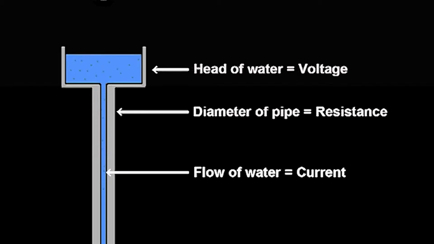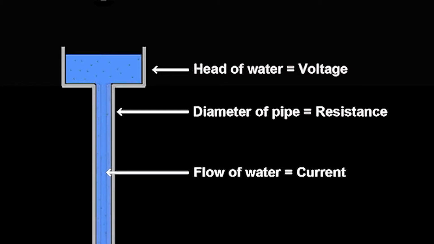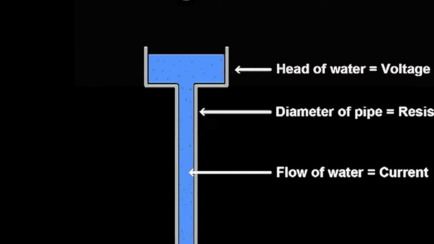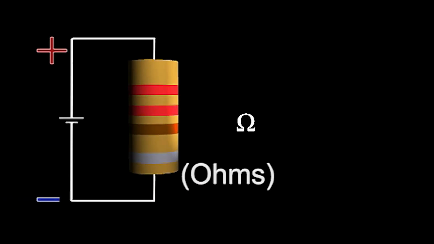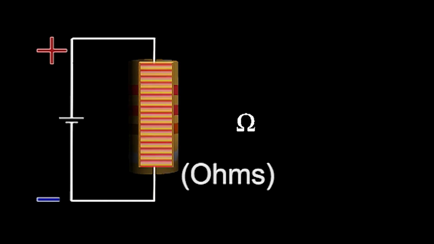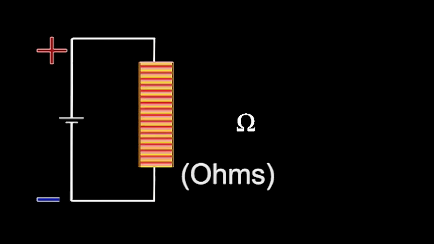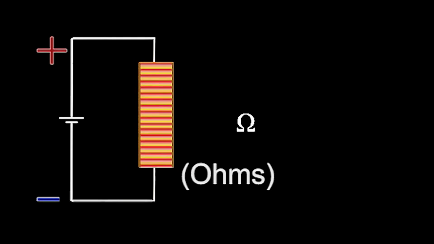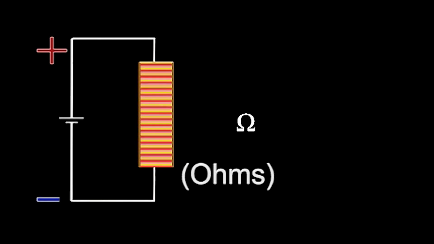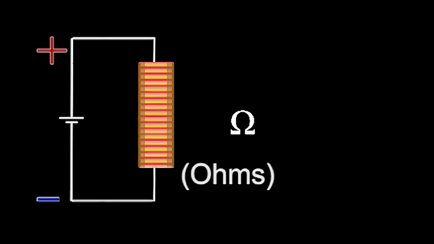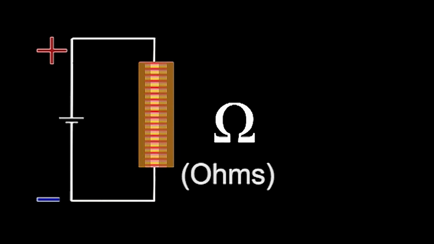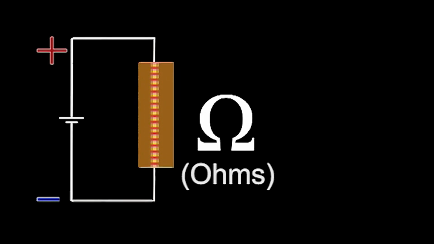If we widen out the pipe again, the current increases. Now resistance is measured in ohms. A 1 ohm resistor has very little resistance and lets most of the current flow through, whereas a 10 megohm, which is a 10 million ohm resistor, lets hardly any current flow through at all.